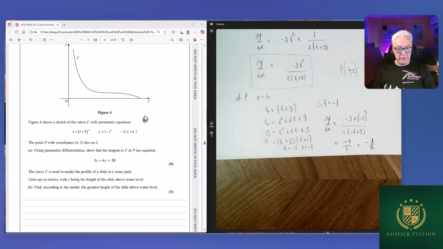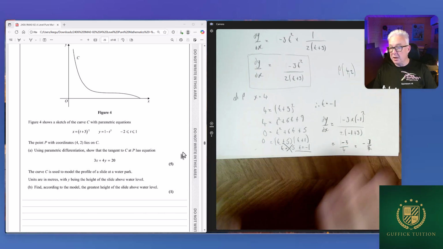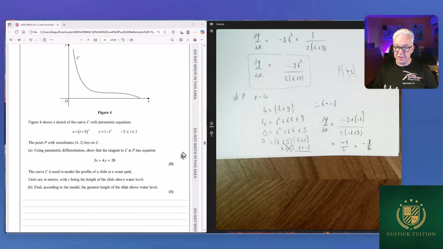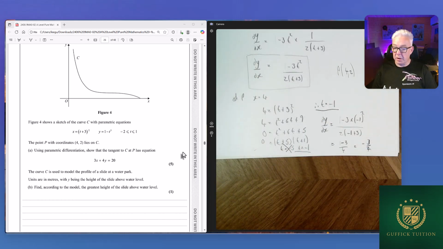Now, if we look at the range of values of t in the question, t is only between −2 and 1, so this value is out of the range, so it can only be this value of the parameter that gives rise to the point P. So we don't need to do the whole process for y as well. So we've established that t is in fact −1.